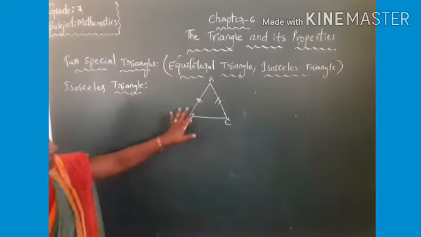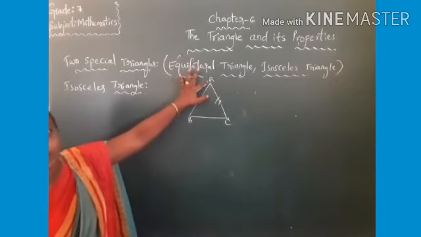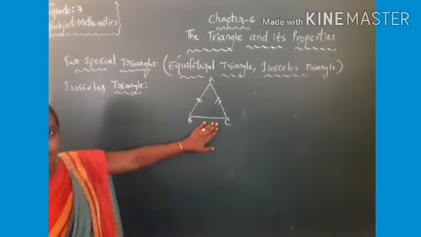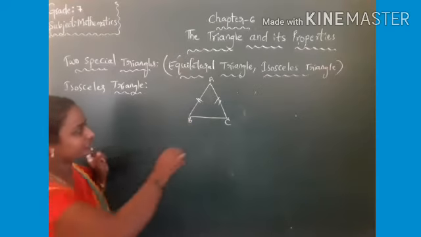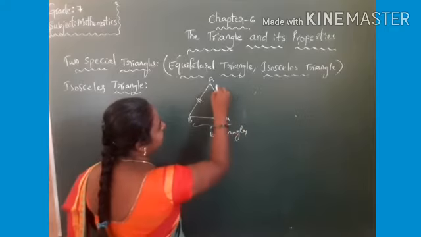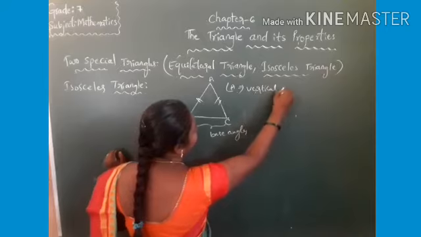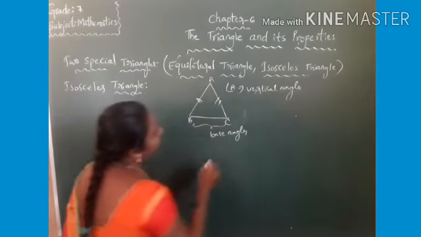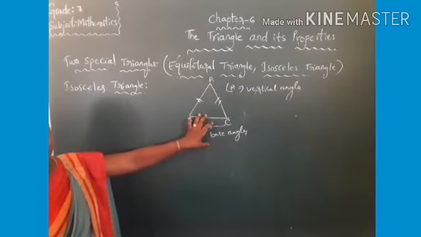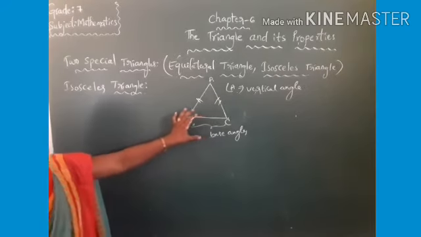Observe the opposite angles. These are the base angles, and here angle A is the vertical angle. Angles opposite equal sides are equal, as we have learnt.